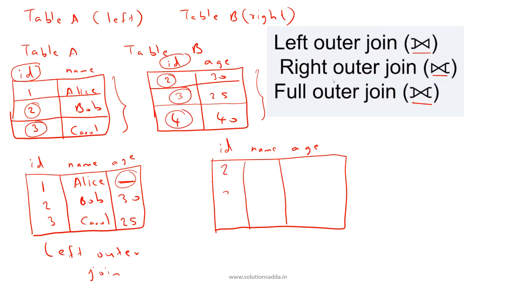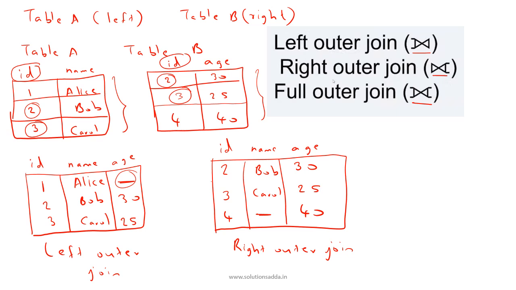So 2, 3, 4. Age will also be returned completely: 30, 25, 40. Now since only 2 and 3 are matching, we'll be returning Bob and Carol here, and for 4, the name is not there, so this will be a null value. So this is right outer join.